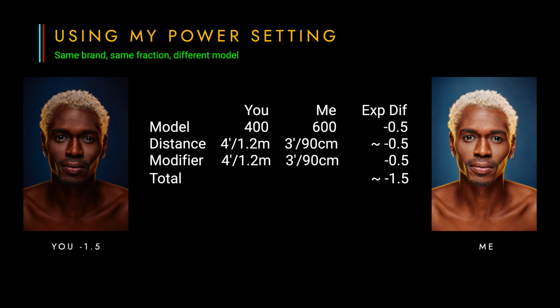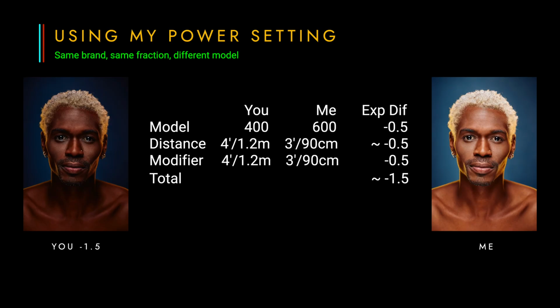And if you've looked at a photo where there's a 1.5 stop difference between the two, the second one is going to be very, very dim. And we got down this road just because you thought it was the wrong light, you thought it was the wrong distance, and you thought it was the wrong modifier. Now, let's say that we were using different brands. Then there's an efficiency problem that could get in there.